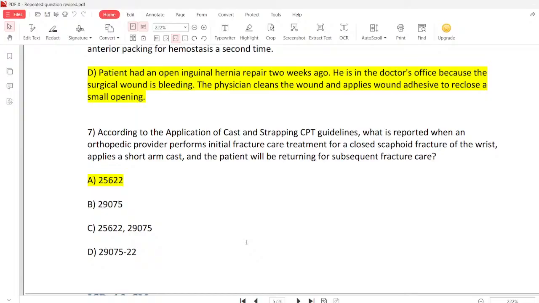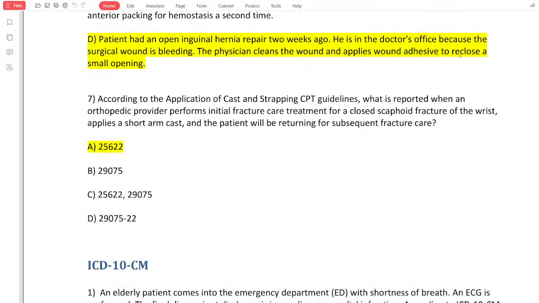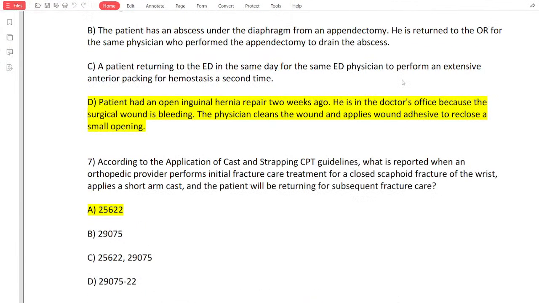According to the seventh one, according to the application of cast and strapping CPT guidelines, what is reported when an orthopedic provider performs initial fracture care treatment for a closed scaphoid fracture of the wrist, applies a short arm cast, and the patient will be returning for subsequent fracture care?